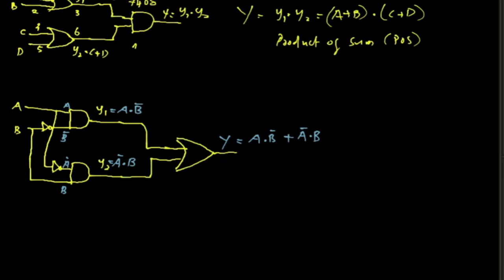Now let's see the truth table for the corresponding Boolean expression. Here we have only two inputs, A and B, but in addition we can consider A complement and B complement too. And let's see the Y output.